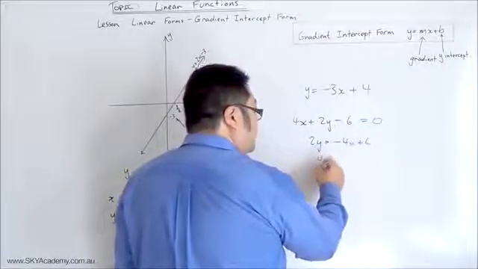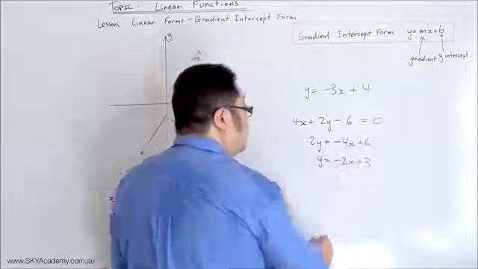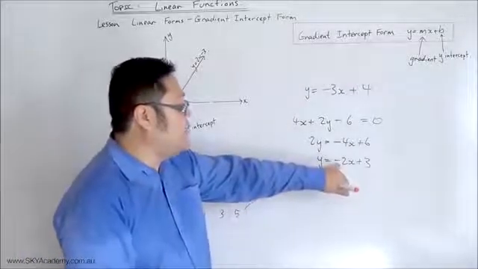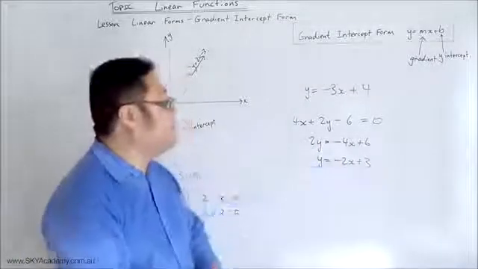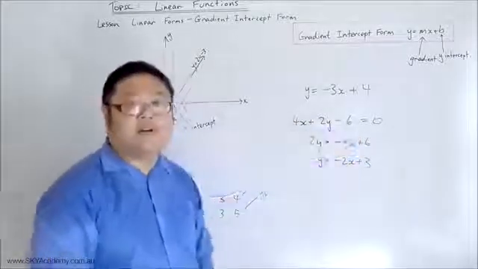Divide both sides by 2. y is equal to minus 2x plus 3, and this has a gradient of minus 2 and a y-intercept of 3. We can now graph this linear function.